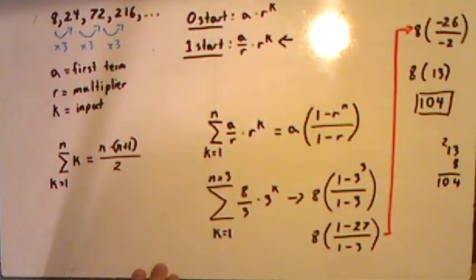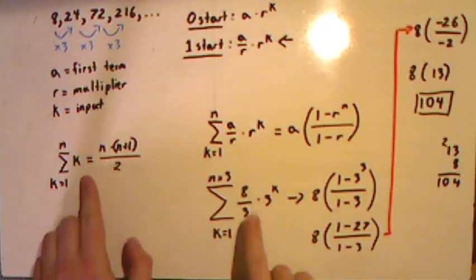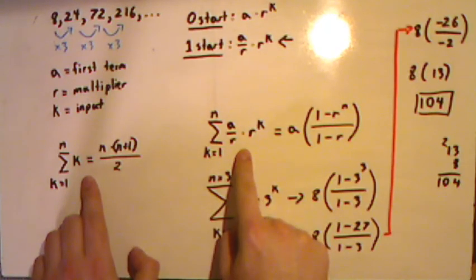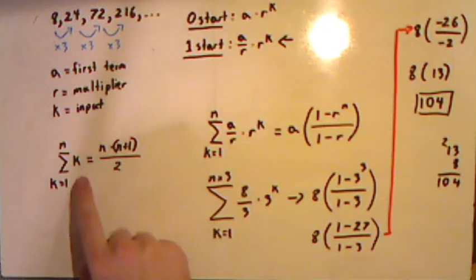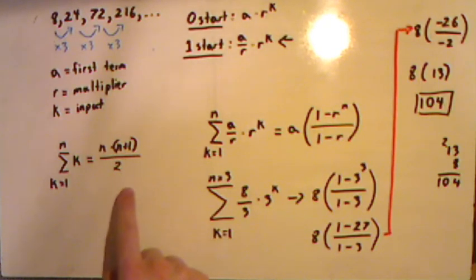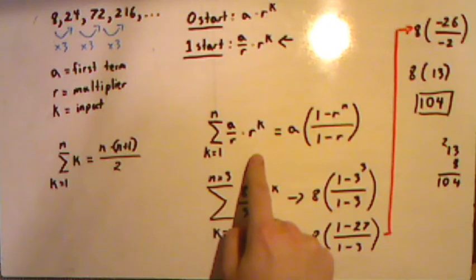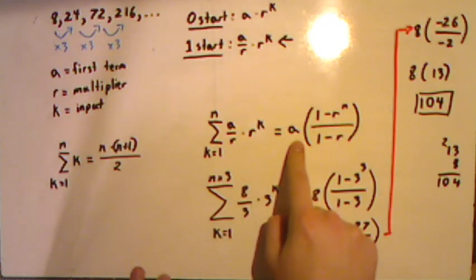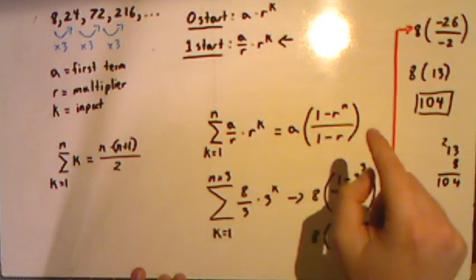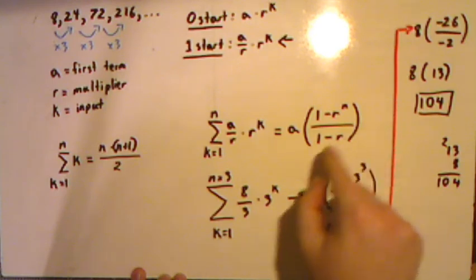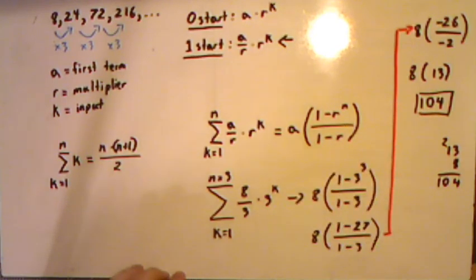We may end up starting at 2, 3, 4. But we need to know the very base formula for each of these in order to move forward, where for the arithmetic series it is n times n plus 1 over 2, and for geometric series it is our first term times 1 minus r to the n over 1 minus r.